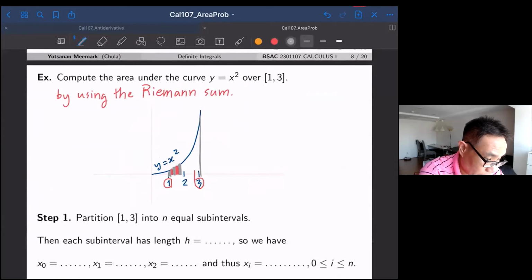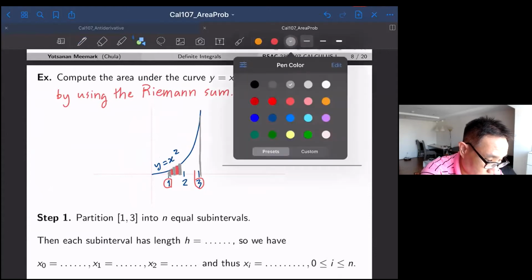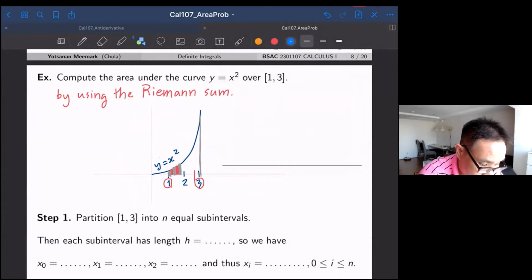We draw a straight line like this, with 1 and 3 marked, and subdivide it into smaller pieces.